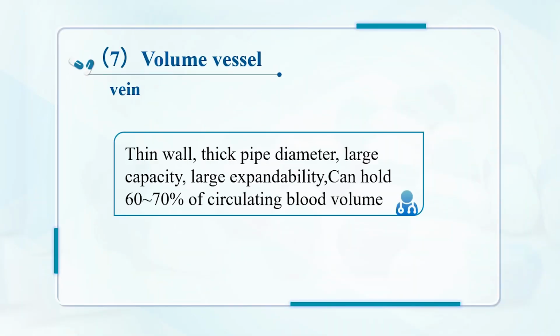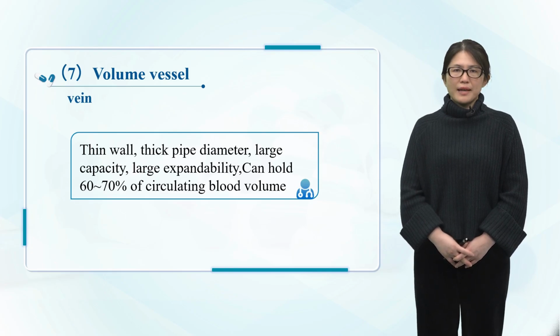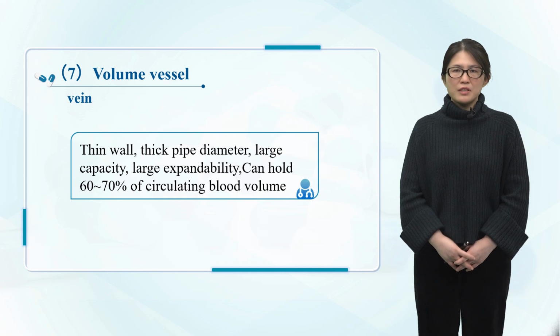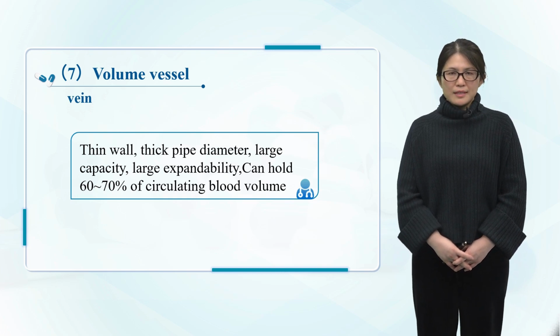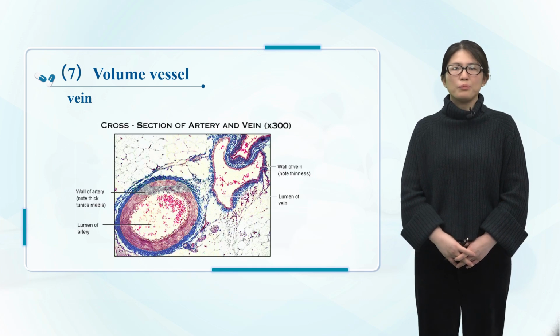The volume vessel is the venous system. Compared with the artery of the same level, it has a large number of veins, thinner walls, large caliber, and great expandability. In a quiet state, the venous system can hold 60% to 70% of circulation blood volume.